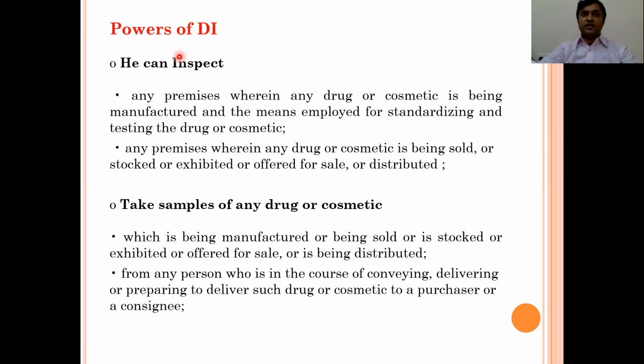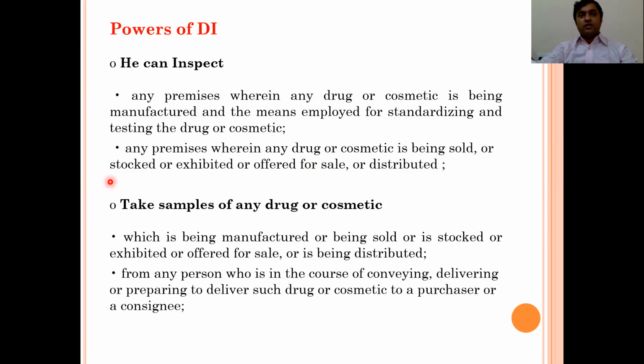The first point is he can inspect any premises wherein any drug or cosmetic is being manufactured and the means employed for standardizing and testing the drug or cosmetic. He can also inspect any premises where any drug or cosmetic is being sold, stocked, exhibited or offered for sale or distribution.